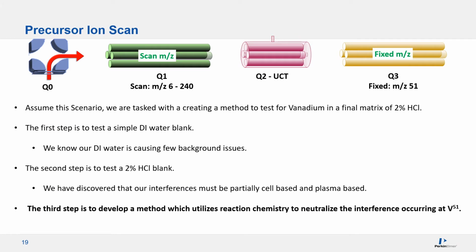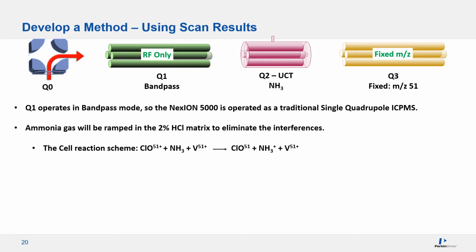Next, the third step is to develop a method which utilizes reaction chemistry. It utilizes our ability to put gas into that cell to neutralize or mitigate the interference occurring at mass 51 for our vanadium. So in this case, we can set our Q1 into a bandpass mode or RF only mode.